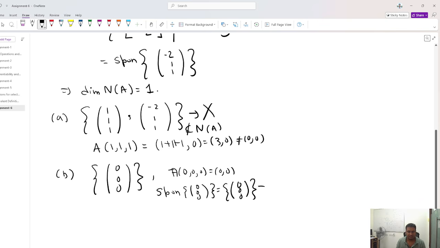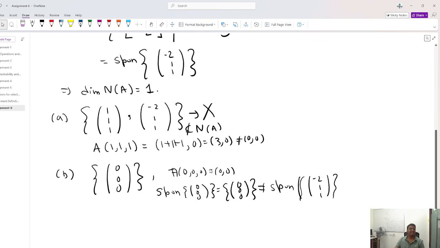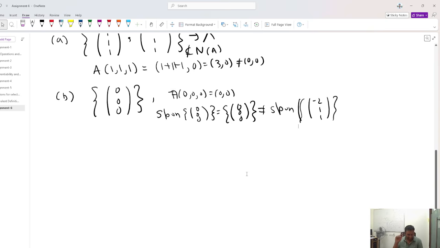Definitely it's not equal to the span of minus 2, 1, 1, because that vector cannot be expressed as a linear combination of the 0 vector, because any scalar times the 0 vector is 0. This fact we have proved in remedial classes. Proper proof we have done.